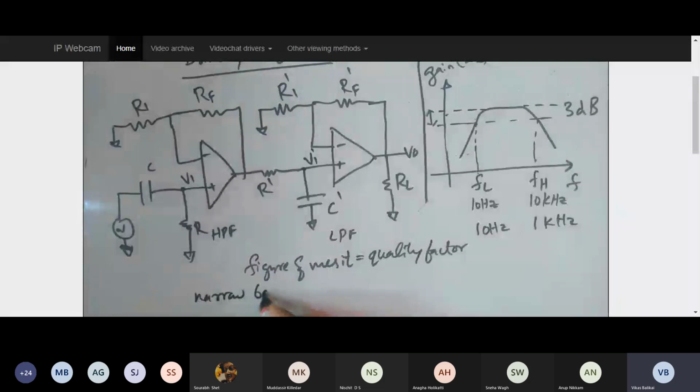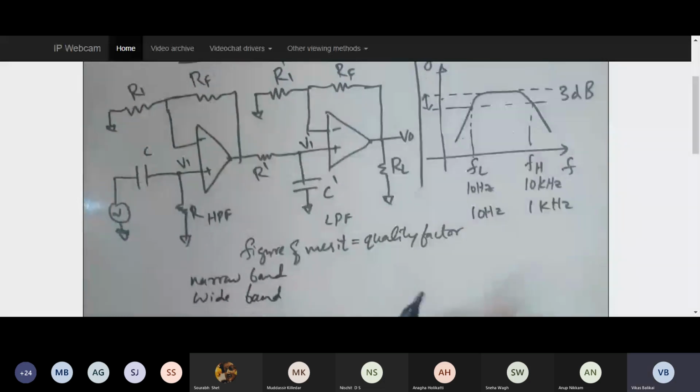So narrow band filters and wide band filters: how do I identify them based on which particular parameters? Is it fine if I just say it orally, or is there any parameter which defines the narrow band nature and wide band nature? Yes.